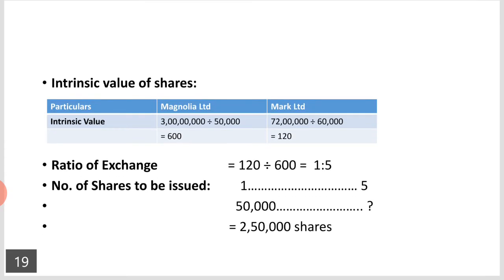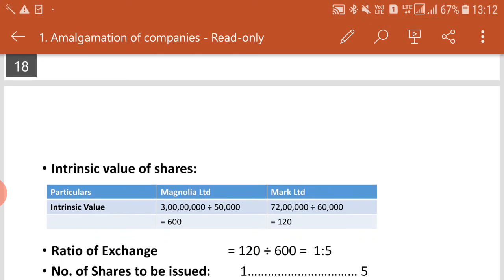The ratio of exchange will be shares of the transferee company, that means Mark Limited, intrinsic value of share 120, to be exchanged for the shares of which company? The transferor company, that is Magnolia Limited, which is 600. So the ratio comes out to be 1:5. So we have the ratio of exchange right now.